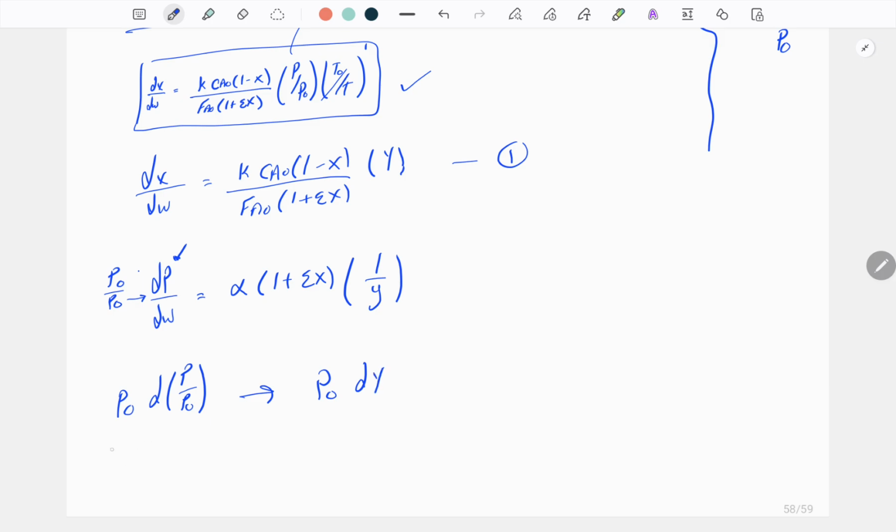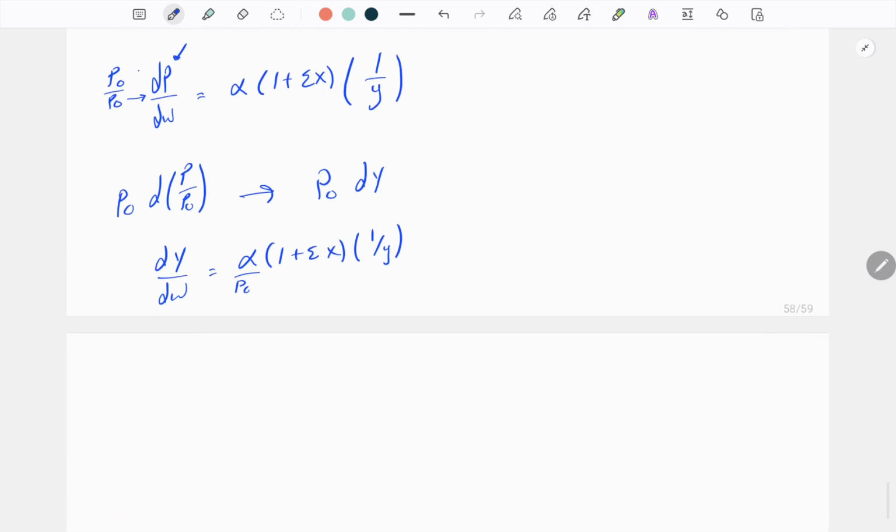Therefore we'll have P naught dy over dW equals alpha times 1 plus epsilon x times 1 over y. To get rid of this P naught, we can divide it on this side.